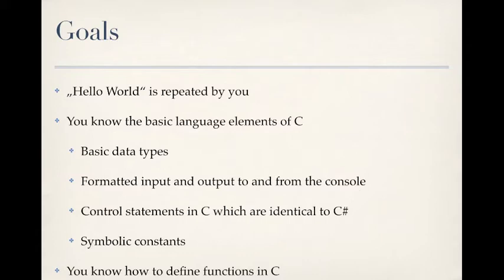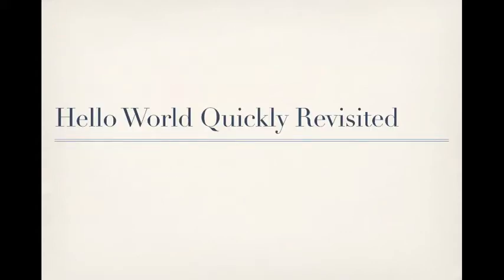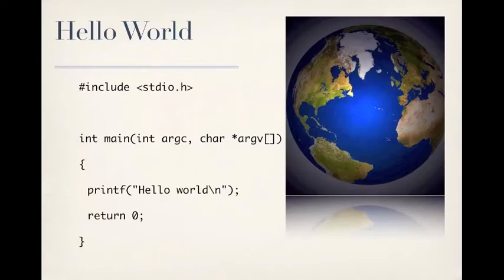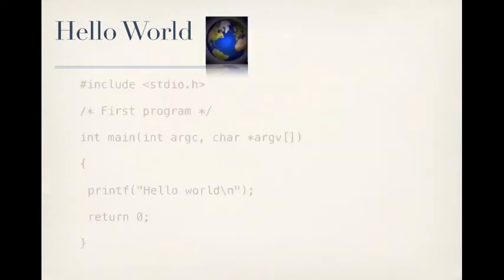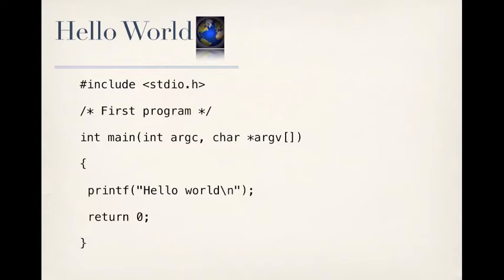Okay, let's start and see into Hello World, and just very quickly you can look into here. This is the Hello World program, you know it already, and so here we repeat the terminology and very basic structure elements of a C program.